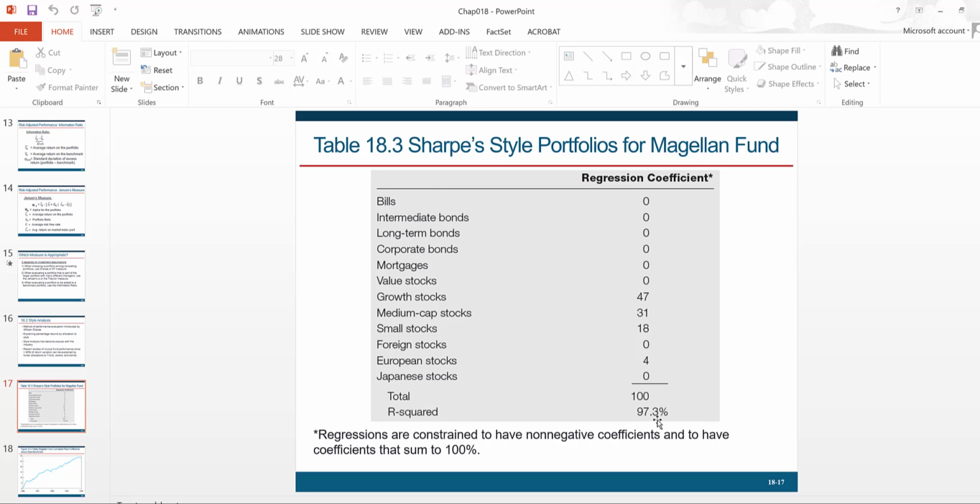So 97.3% is explained by following these various styles. What is remaining is something unique that the fund manager is doing, right? So if you focus on that unique part, that 2.7%, and see how that is performing, that tells us how well the fund manager is doing. That is different from just following these popular styles.